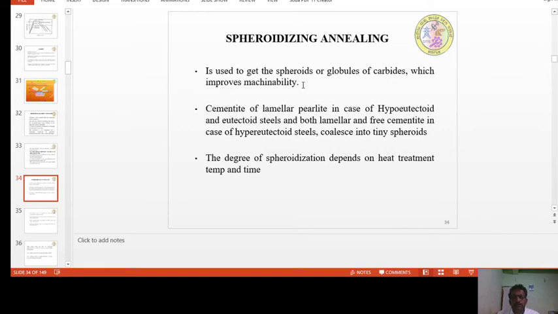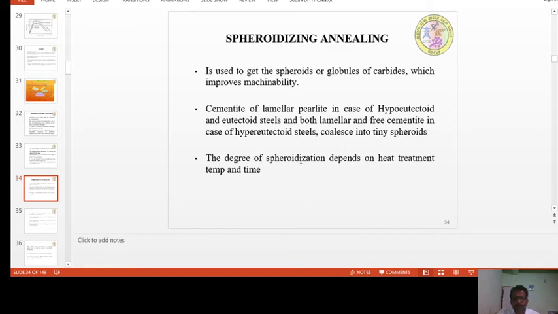And this is possible when the grains take the shape of spheres. Cementite of laminar pearlite in the case of hypoeutectoid and eutectoid steels, and both laminar and free cementite in the case of hypereutectoid steels, coalesce into tiny spheroids. This is how the spheroidal grains are produced.